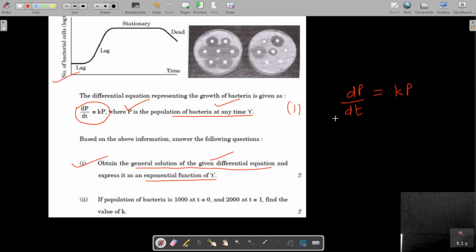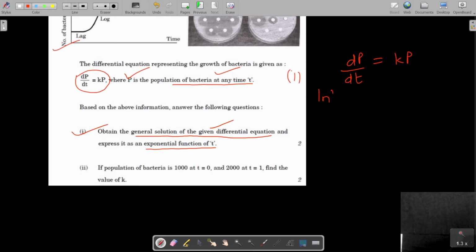For the first one, the rate of change of population with respect to time is k into P. Now let's integrate this.